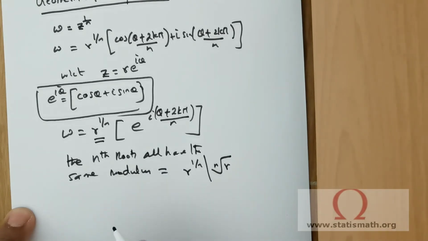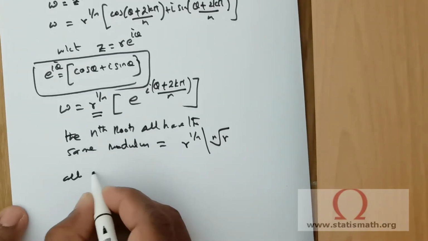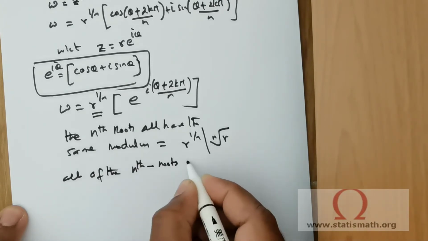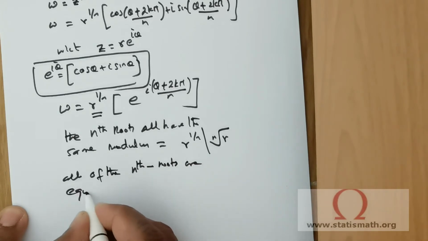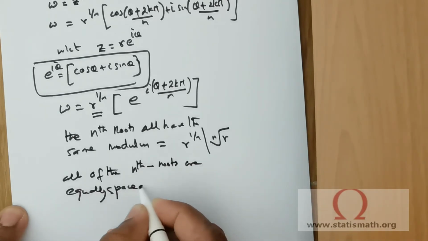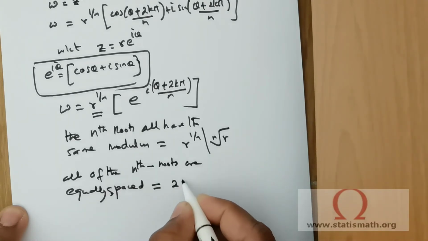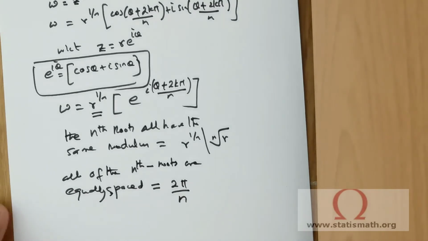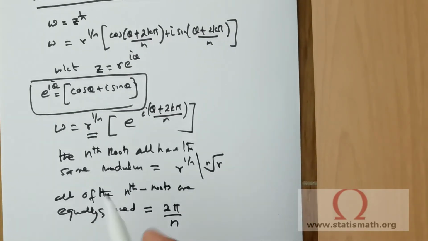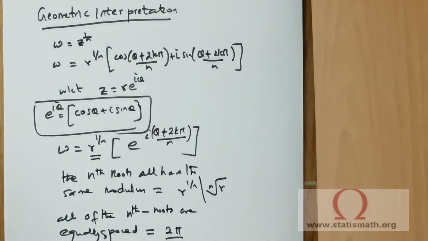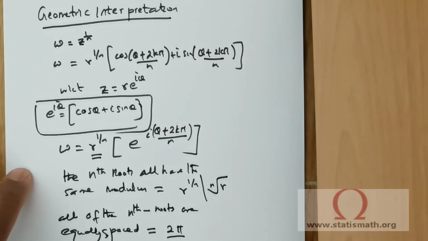And not only that, all of the nth roots are equally spaced. That means the distance between two nth roots would be 2 pi divided by n. Okay, so these are some of the basic pieces of information you have to know, and that is how we interpret the nth root of a complex number geometrically.